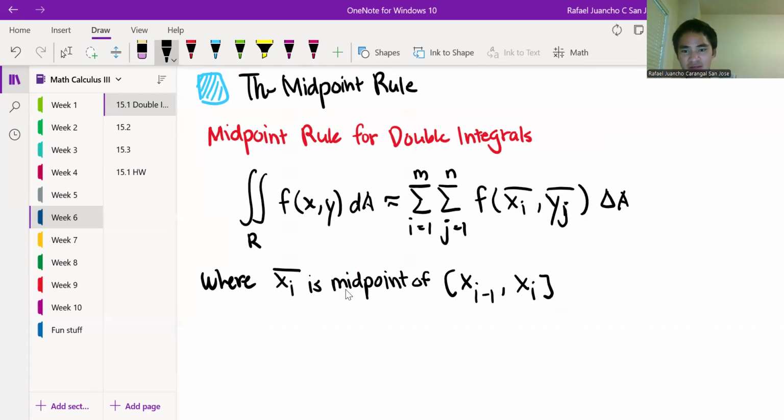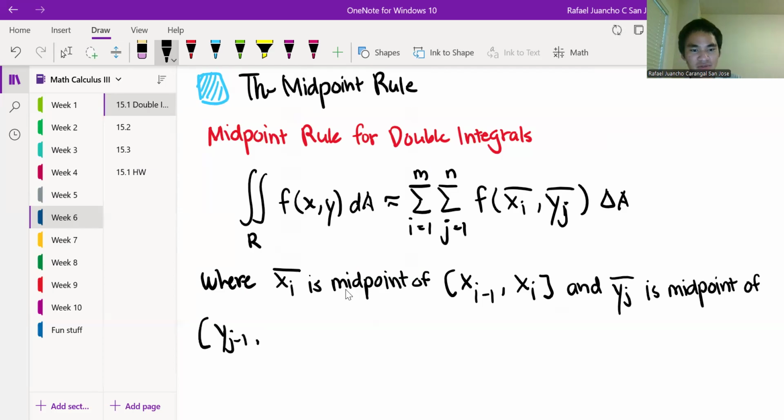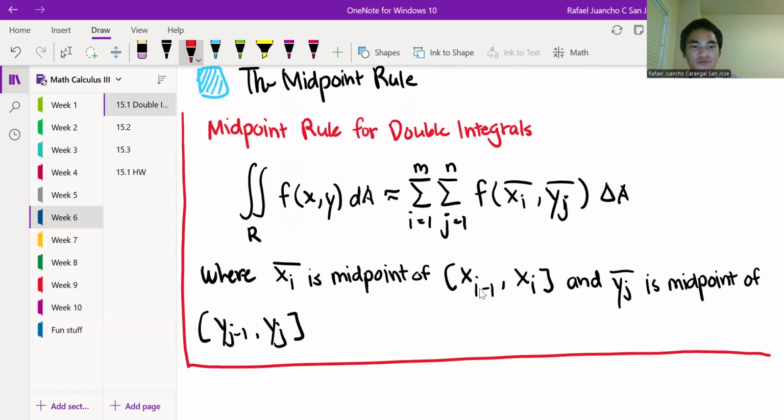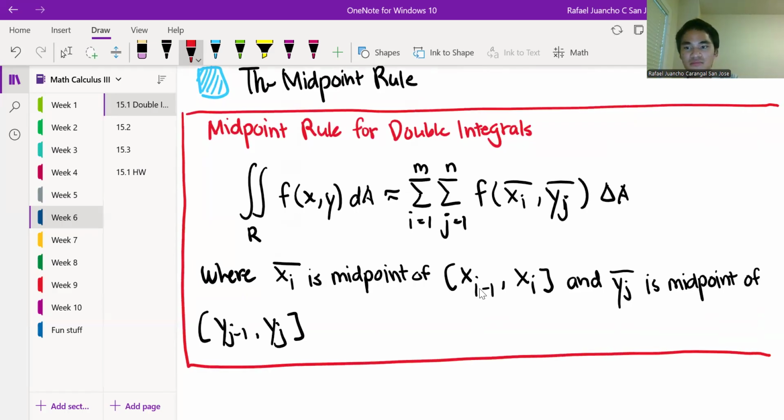And similarly, y, which is also the midpoint of that interval. So in this case, it would be y sub j minus 1 all the way to y sub j, right? And so that's the rule, okay? Right.